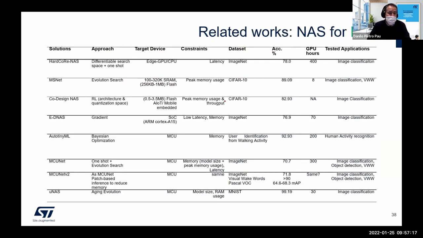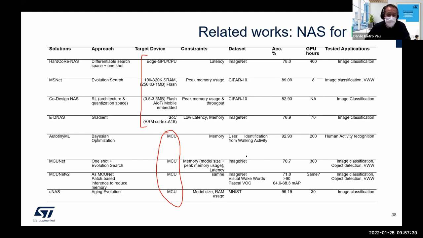In terms of solutions that are able to address the tiny NAS domain, there are a lot, but these are research solutions. At least a few of those are able to cope with microcontrollers. Others are not really concerned with or improved on microcontrollers.